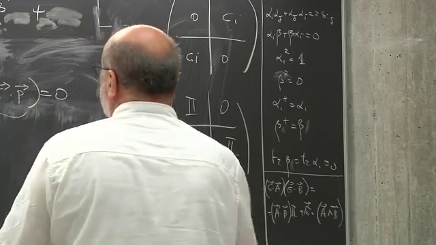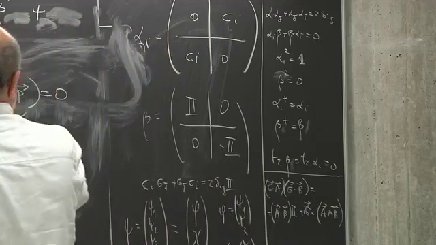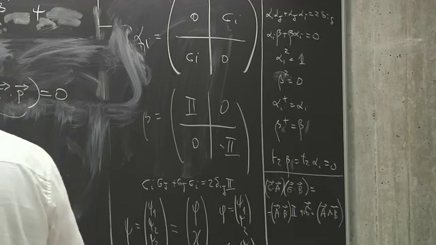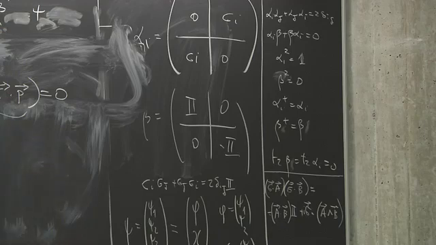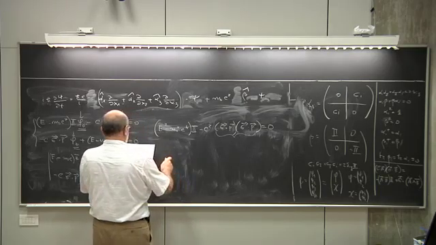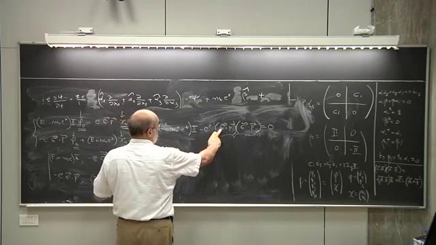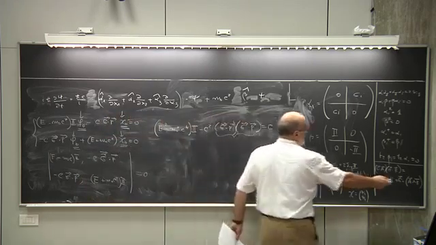Okay, so if you use that identity here, you see that A and B are both p. Now, if you do that, you get that the vector product is 0.